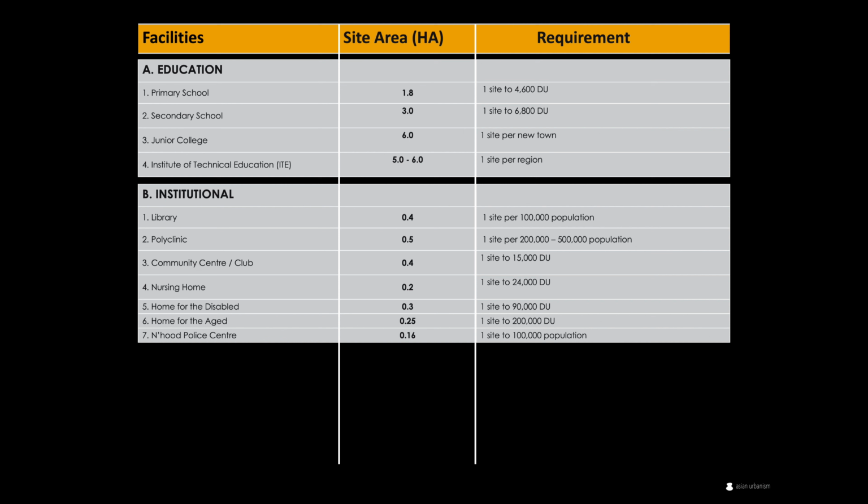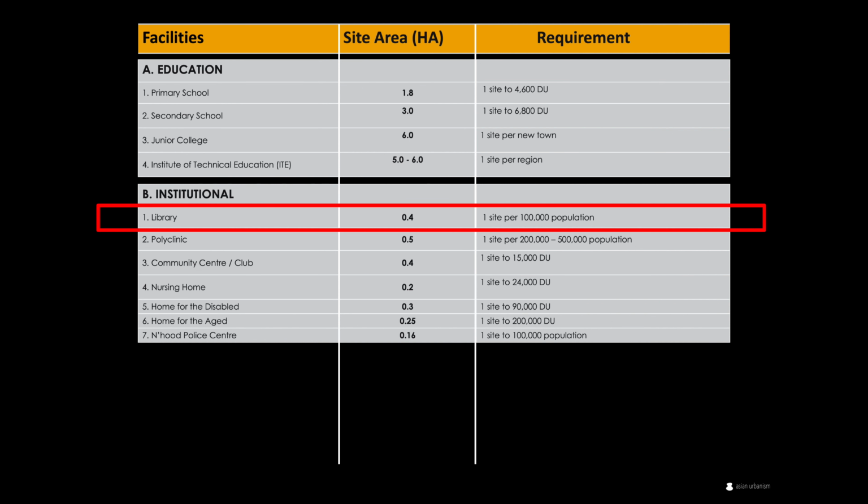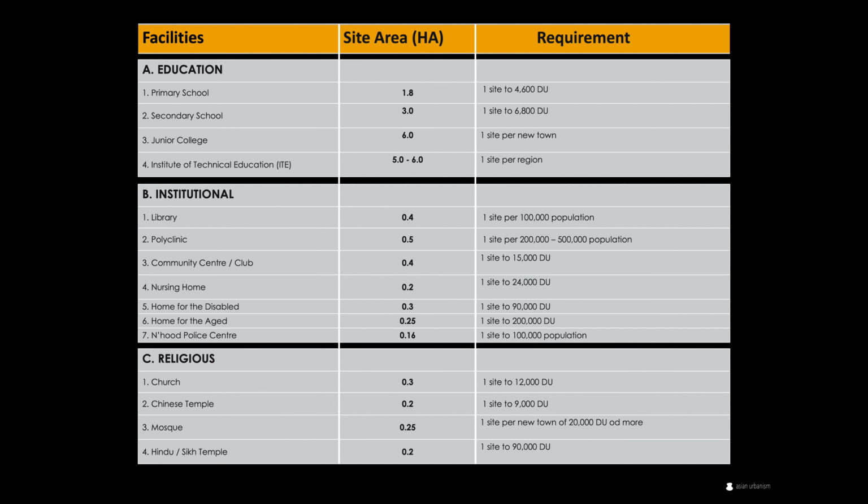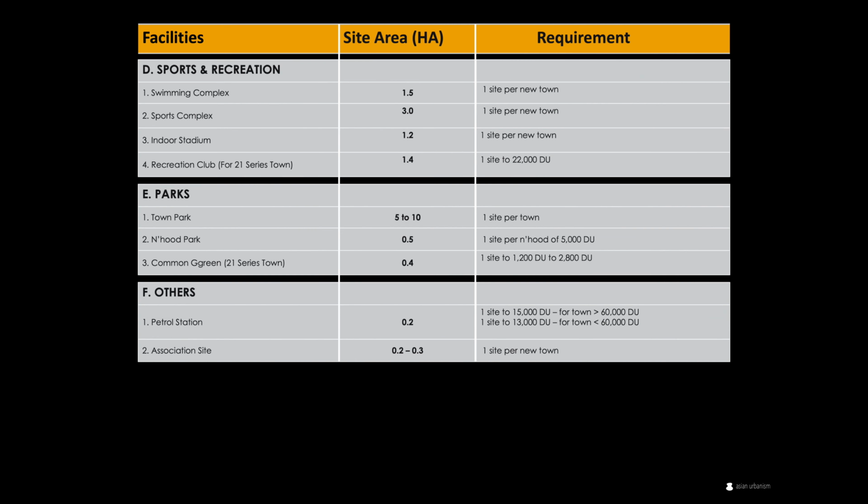For institutional, a library with a site area of 0.4 hectares is required to serve every 100,000 population, and community center or club with a site area of 0.4 hectares is required to serve 15,000 dwelling units. The requirements also apply to religious facilities, sports and recreations, parks, and others.